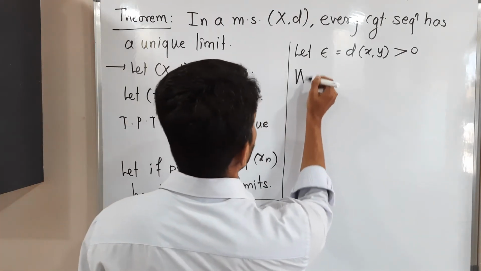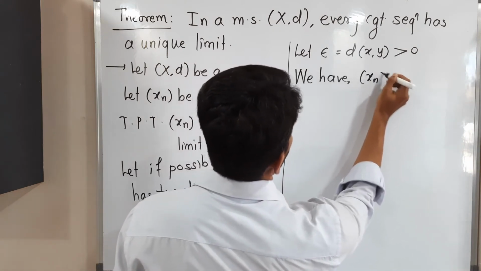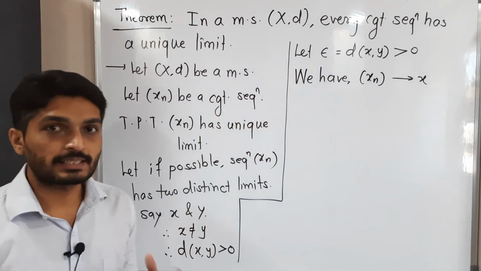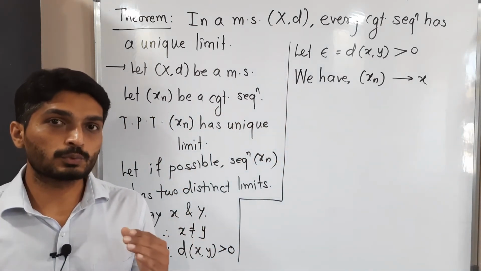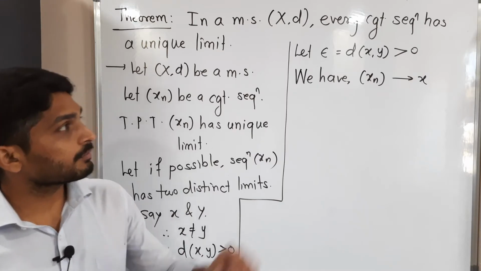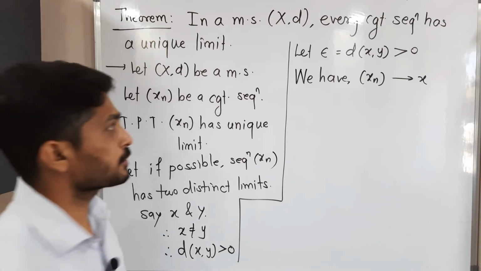We have sequence xn converges to x. So we have assumed it has two limits, x and y. That means sequence xn converges to x as well as sequence xn converges to y. So out of that I am assuming one thing, xn converges to x. Let us use the definition.